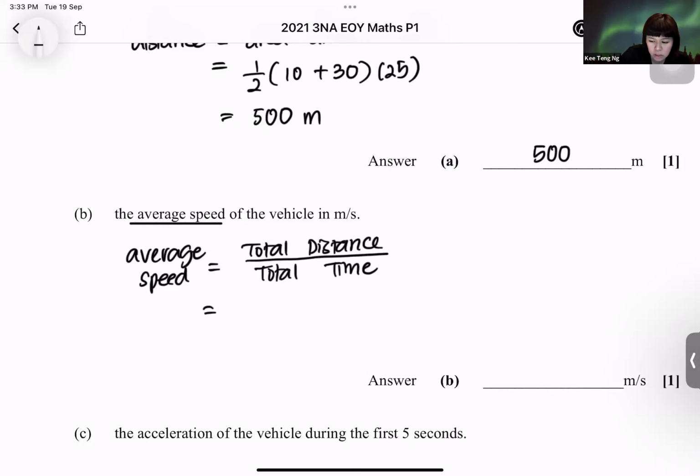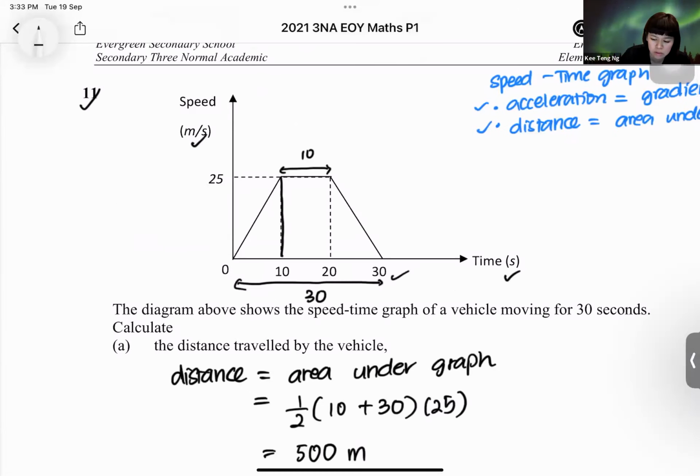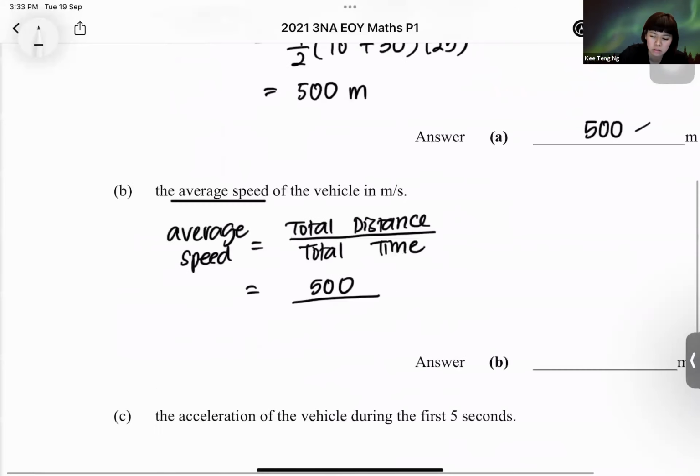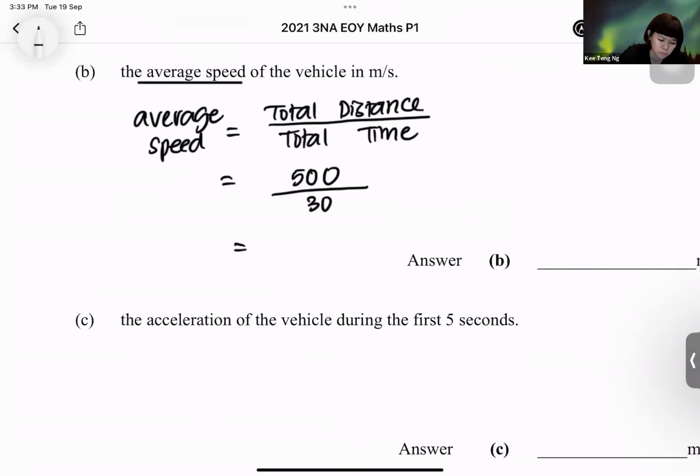We found the total distance 500 over the total time 30, because the speed is not constant. But for speed, we try to leave it as accurate as possible. So in this case, I will write it as an improper fraction or a mixed number. Have you gotten the answer?